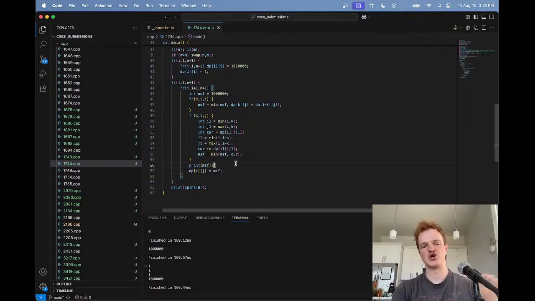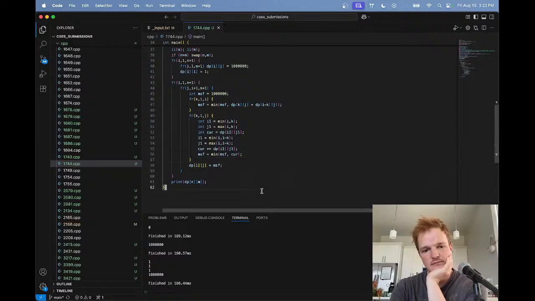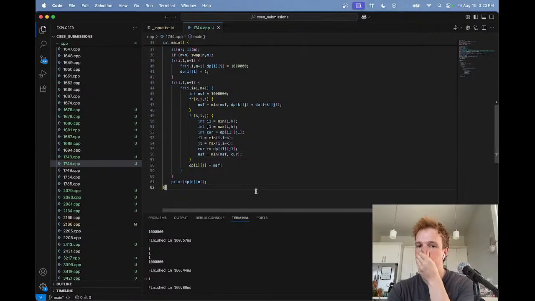Okay, MSF is showing up as 1, but I'm guessing that's just not dp at n and m. Well, first off, that should definitely be an m and not an n. One cut.